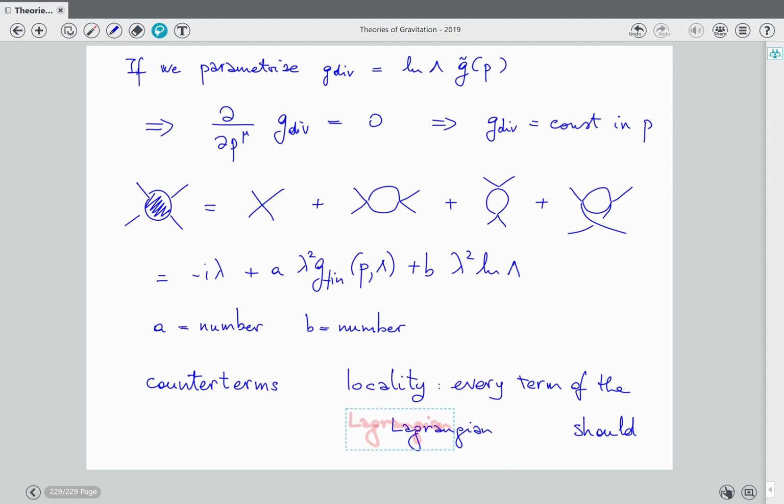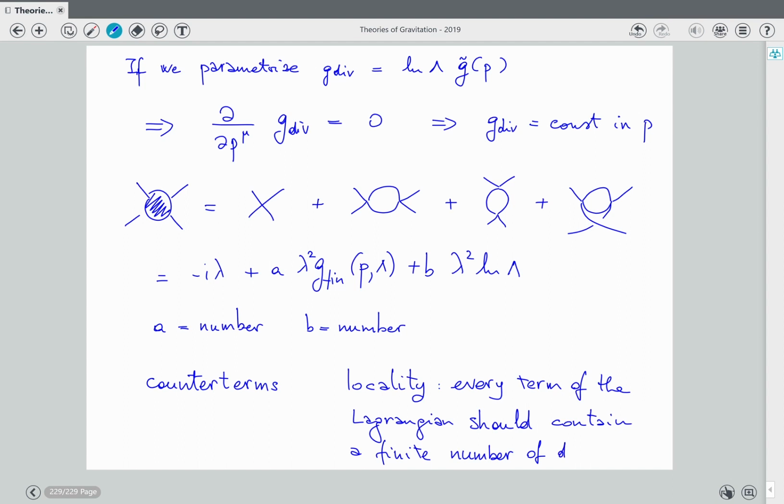Every term of the Lagrangian should contain a finite number of derivatives of the fields. So you cannot have a function of boxes.